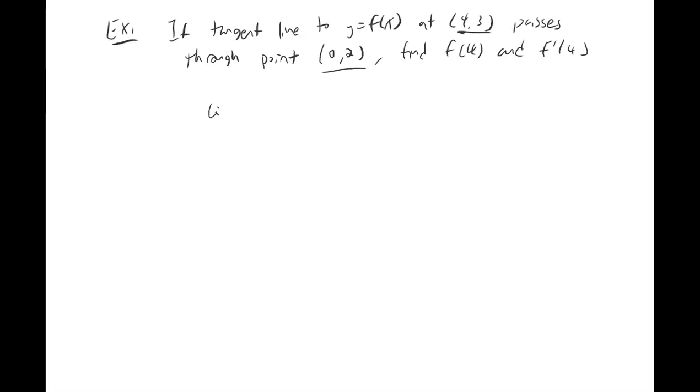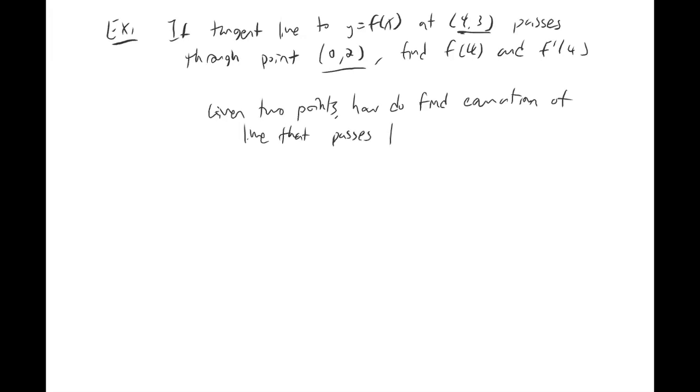Given 2 points, how do you find the equation of the line that passes through those 2 points? I hope this is review.